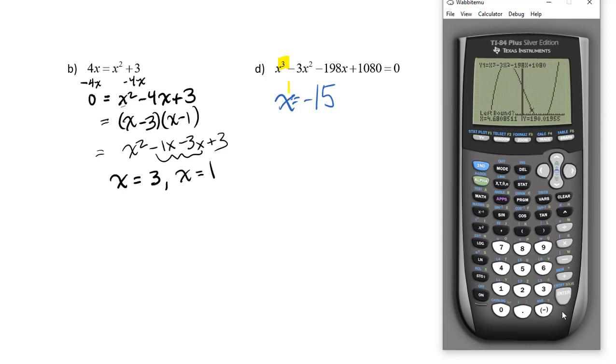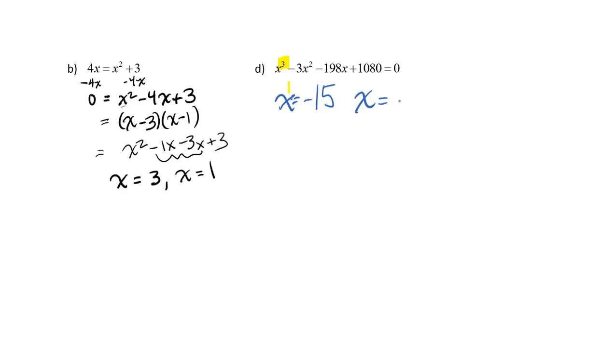We want a left bound, so hit enter, a right bound, hit enter, guess, enter, and we have 6 as another root, or 0.